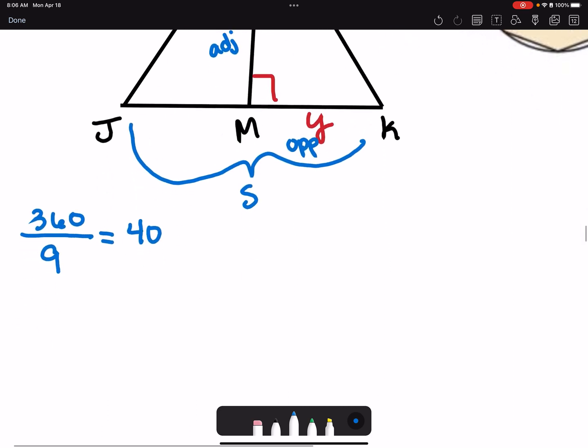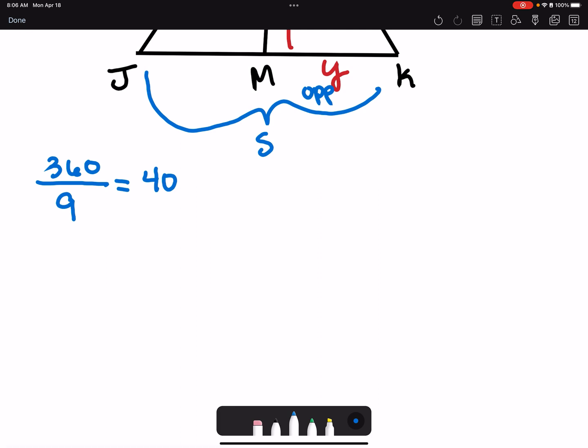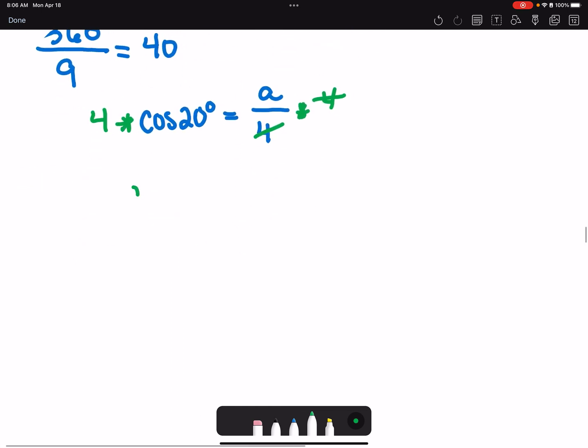So I'm going to start with that. If it's adjacent, I'm going to use cosine. So cosine of 20 degrees is going to equal adjacent, which is A, over hypotenuse, which is 4. I'm going to multiply both sides by 4 to get rid of that off the bottom. And I'm going to have A equals 4 cosine of 20 degrees.